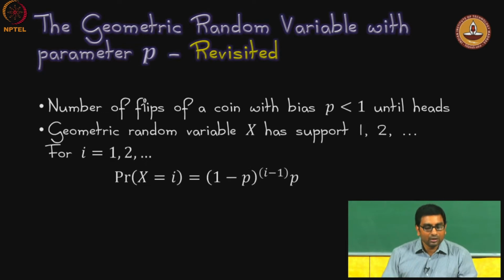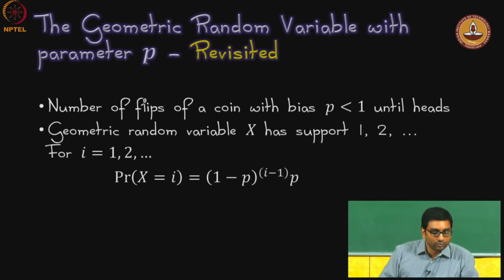More formally, if you have a geometric random variable x, it has a support of 1, 2, 3 and so on, all the integers starting from 1. When I say support, what that means is these are the values for which the probability is non-zero.